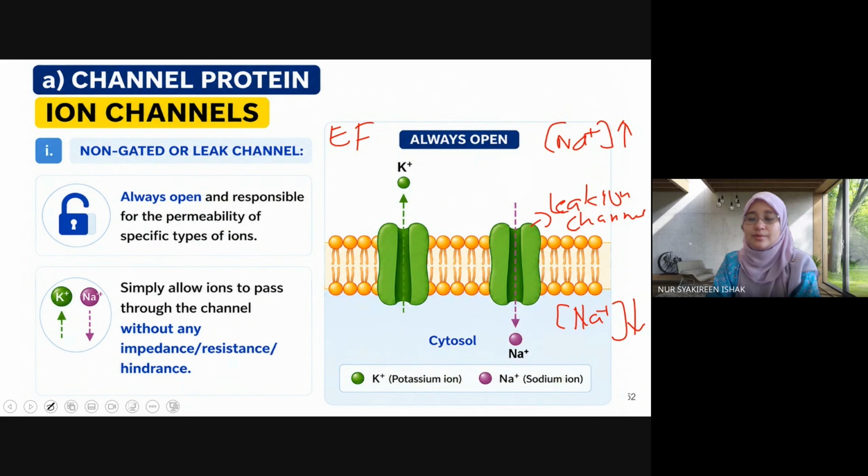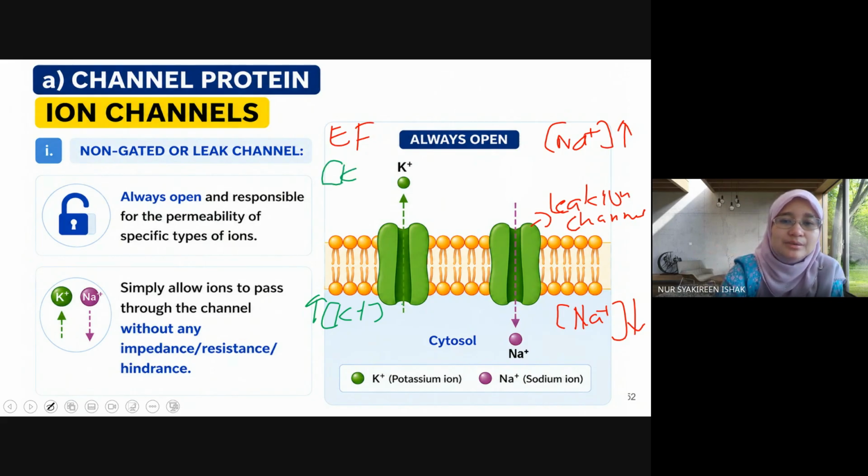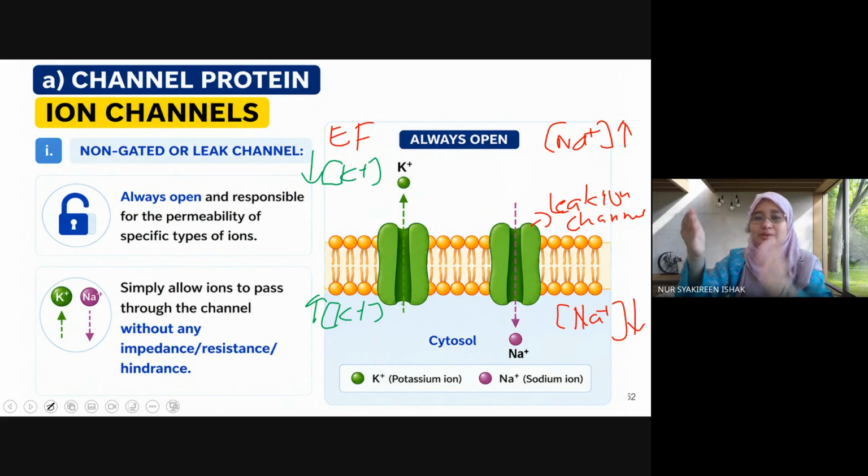For potassium, the concentration of potassium inside the cell is high, as you can see, the movement is from inside to outside. So potassium inside the cell is high, and outside the cell the concentration of potassium is low. So potassium will move down its concentration gradient from inside the cell with higher potassium to outside the cell with lower potassium using the leak ion channel or non-gated ion channel. It is always open to allow this ion to move down the concentration gradient.